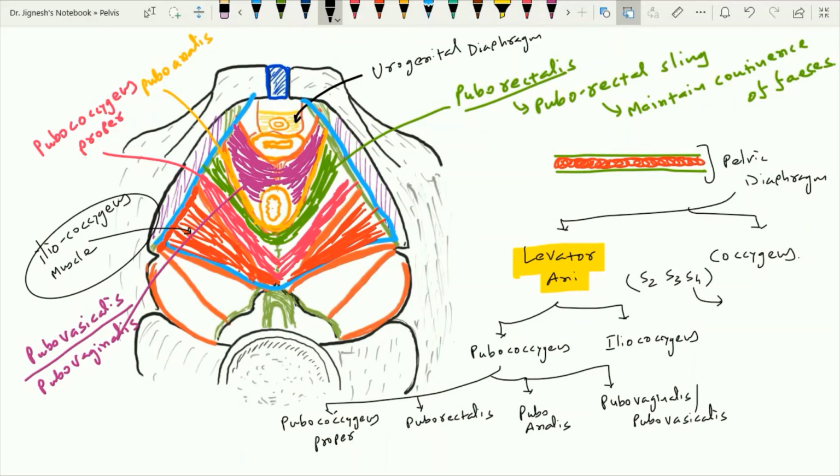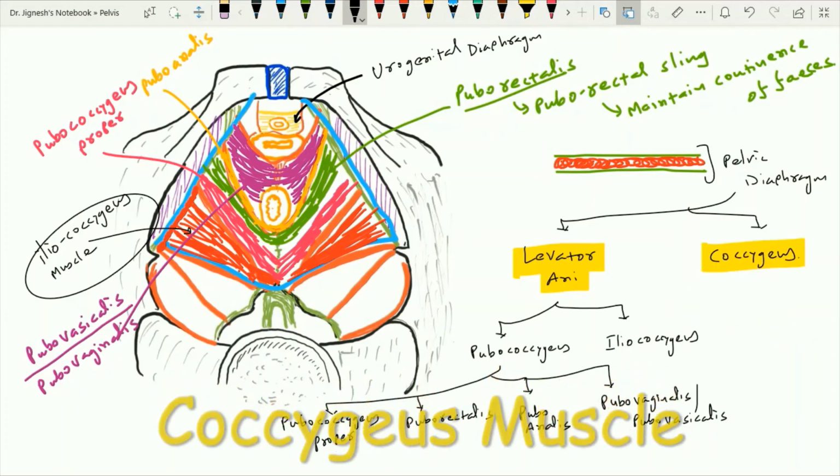The anterior part of the levator ani, mainly formed by the pubococcygeus muscle, is supplied by S2 and S3 spinal nerves via the perineal nerve, and that's why they supply the levator ani muscle from the perineal surface, so we can say from below.